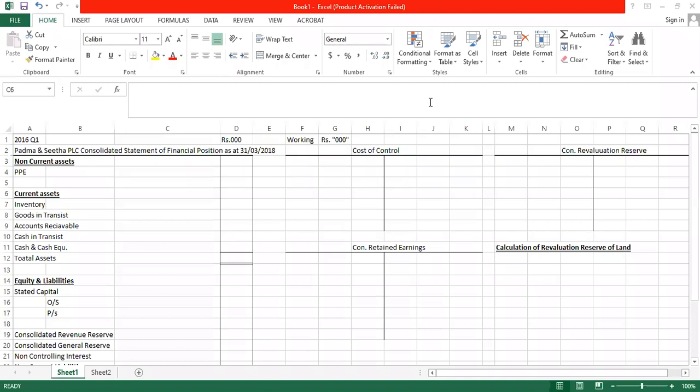There are certain situations where control power is given though they do not have more than 50% ordinary share capital ownership, or sometimes they have less than 50%, like 20, 25, 30, 35, 40 percent acquired, but they also have controlling power and we consider that company the parent.